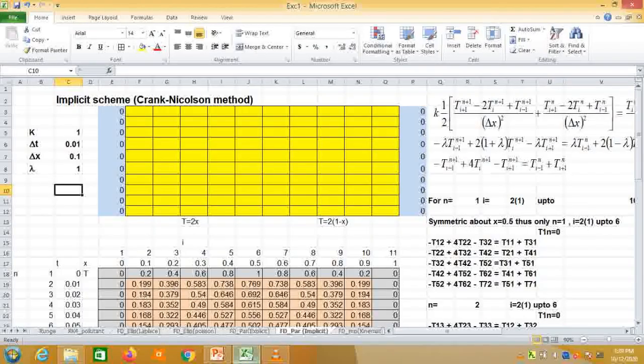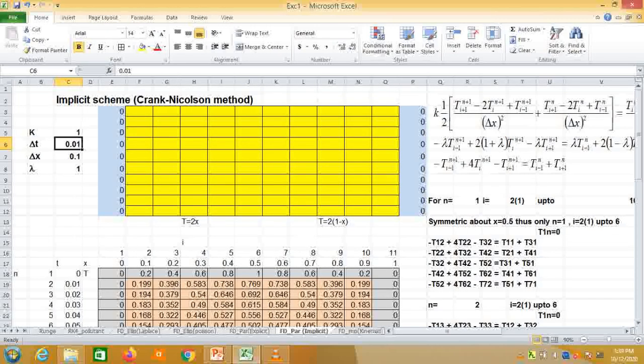So in doing so, lambda is going to be increased. Implicit schemes have no problems with stability as such, as much as explicit schemes do. So here, we are expressing delta t as 0.01, not 0.001, at a coarser temporal scale.